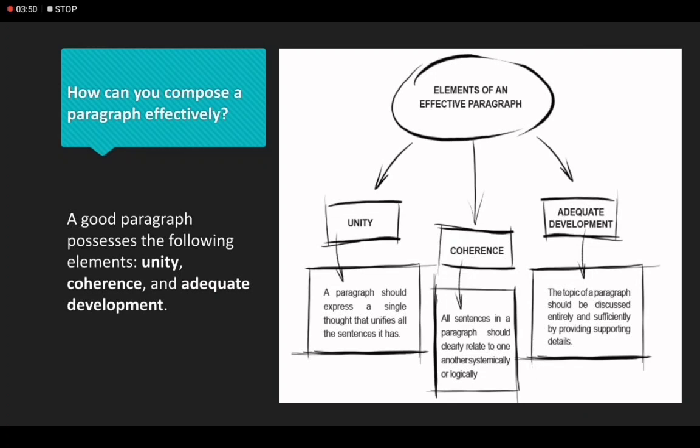All sentences in a paragraph should clearly relate to one another systematically or logically. And third, it should have adequate development. The topic of the paragraph should be discussed entirely and sufficiently by providing supporting details. So once again, in order for us to compose a paragraph effectively, we should keep in mind these three elements: unity, coherence, and adequate development.